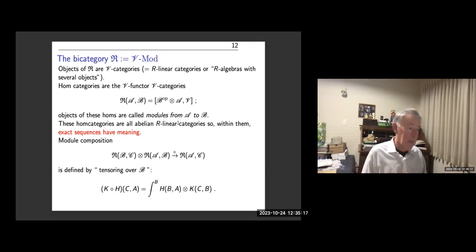So if you have a module H from A to B, and a module K from B to C, then the new module is obtained by quotienting out the B action with the H and the B action with the K. So that's exactly the same as with modules, which are the one object case.